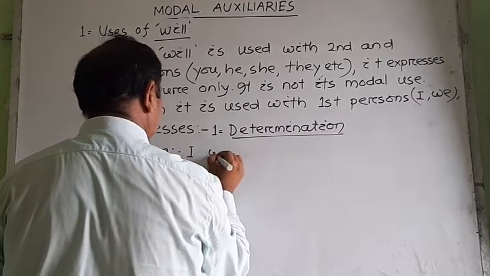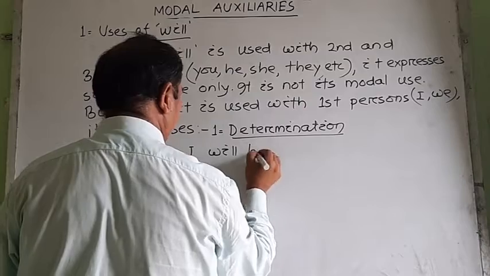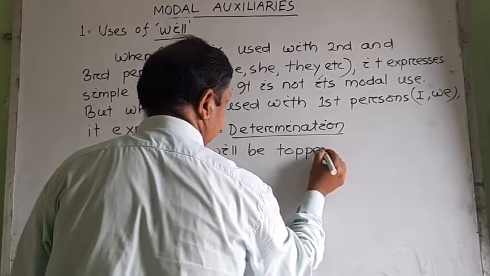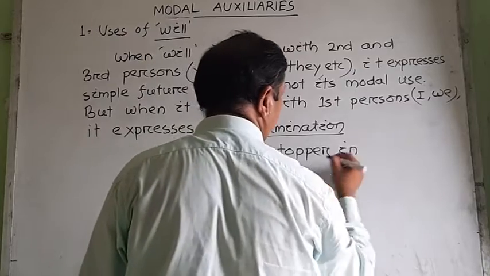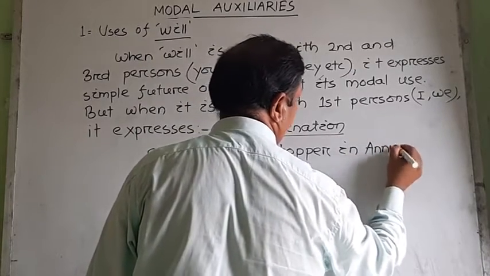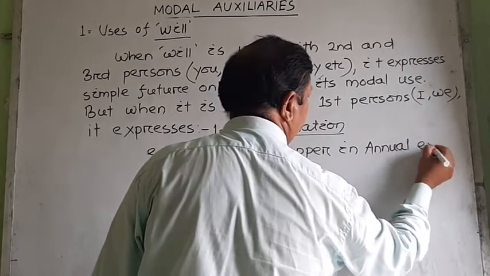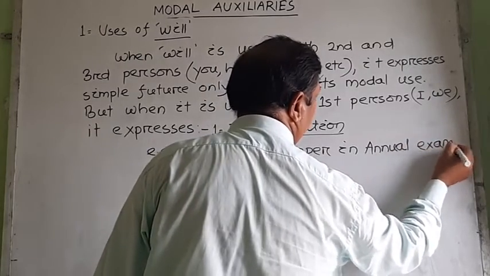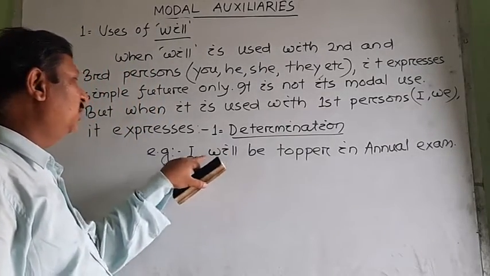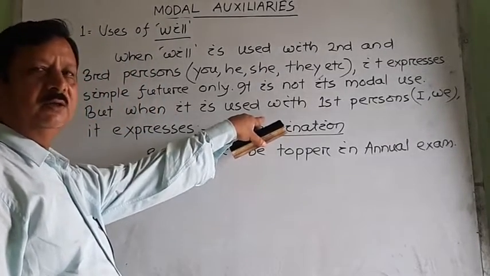Whenever someone says, for example, I will be topper in annual exam. What does it express? Mark, when it is used with the first person, it expresses determination.